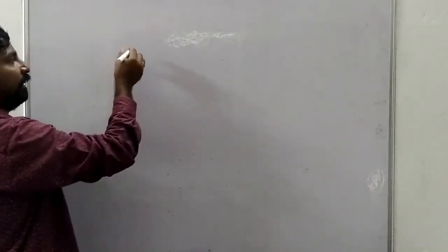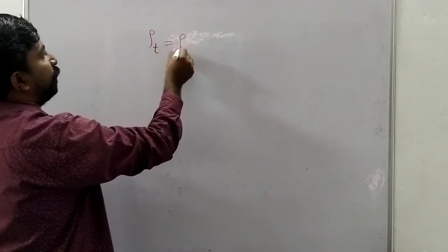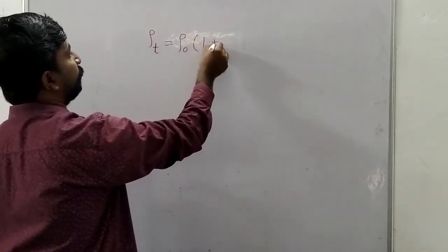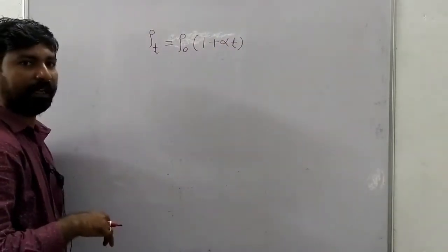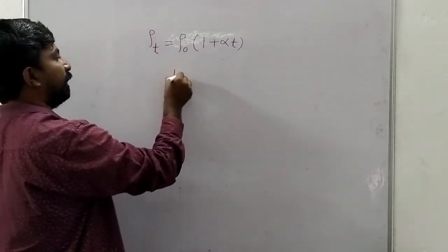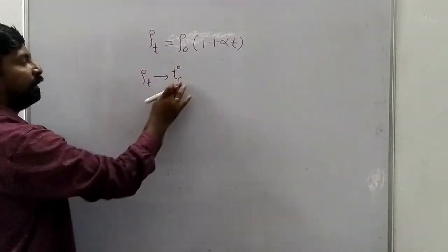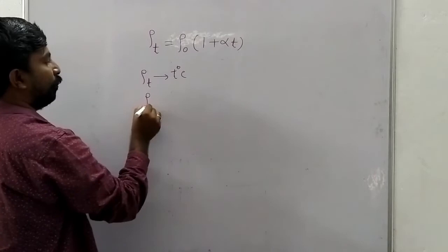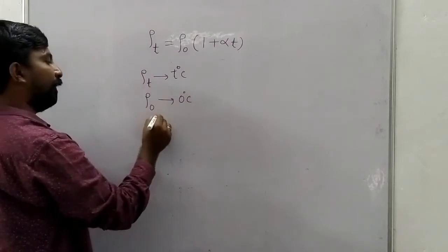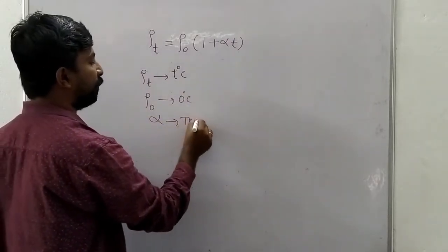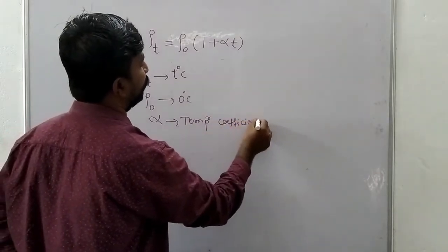So for a conductor it can be shown that rho T is equal to rho naught into bracket of 1 plus alpha T, where rho T is the resistivity at a temperature T degree Celsius, rho naught is the resistivity at 0 degree Celsius, and alpha is the temperature coefficient of resistivity.